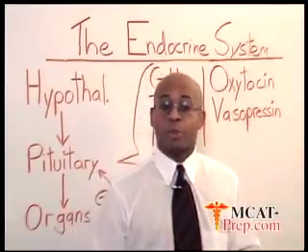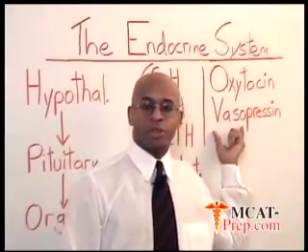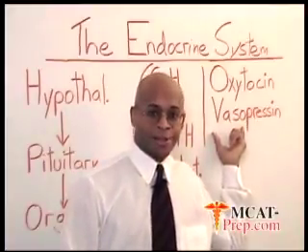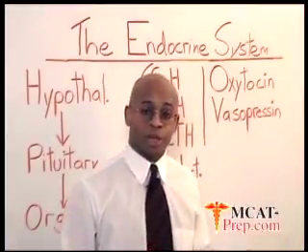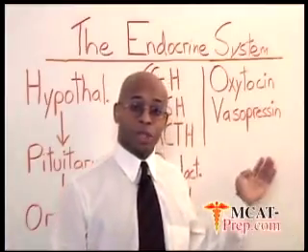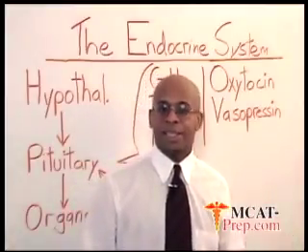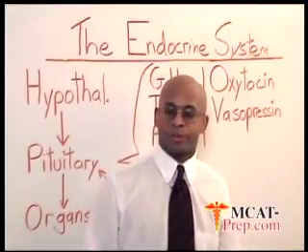Then there is vasopressin, and the word suggests what it does. Vaso, referring to blood vessel, and pressin, referring to pressure. So vasopressin increases blood pressure. Vasopressin has another name, ADH, anti-diuretic hormone.